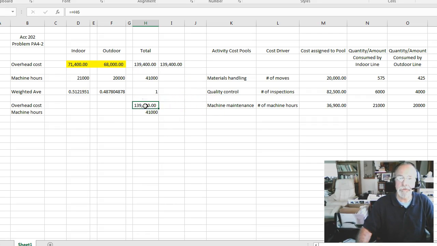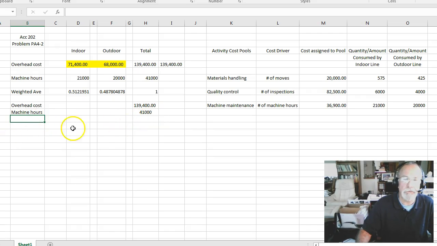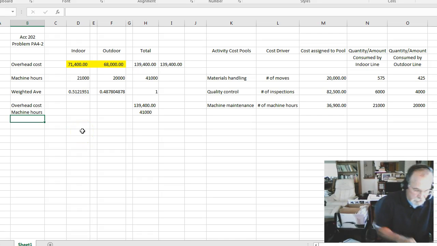And so if we were to divide these two amounts, the cost by the hours, that would give us X dollars per machine hour. So why don't we show that as overhead dollars per machine hours.